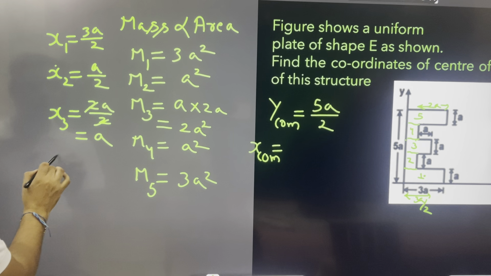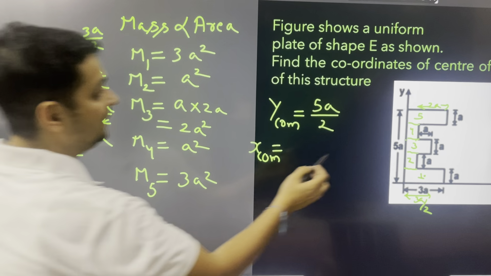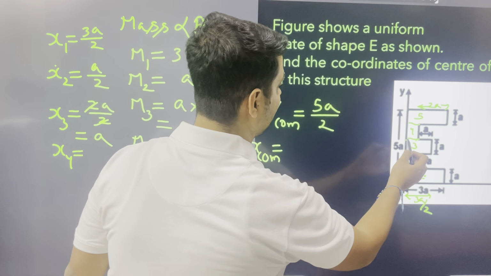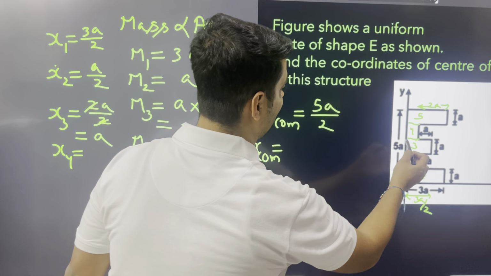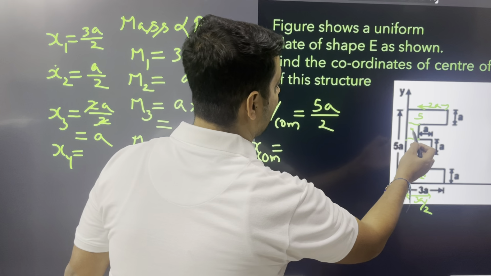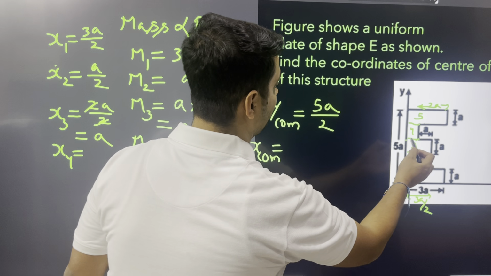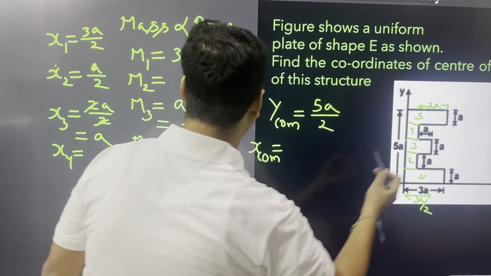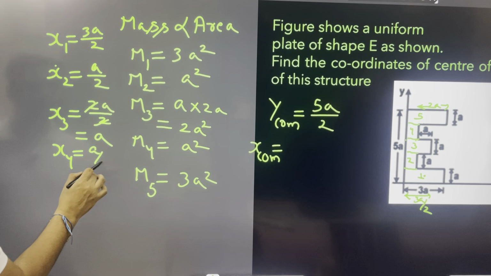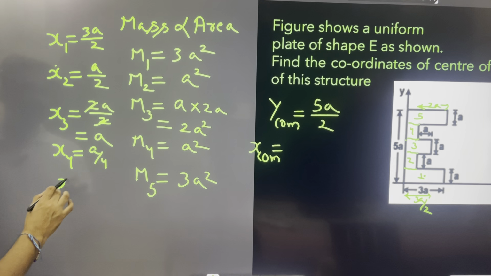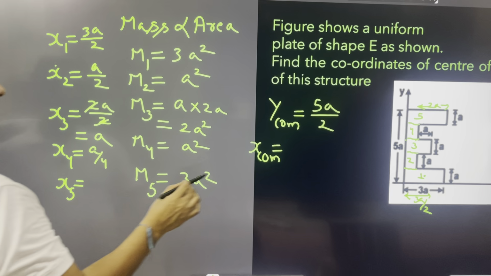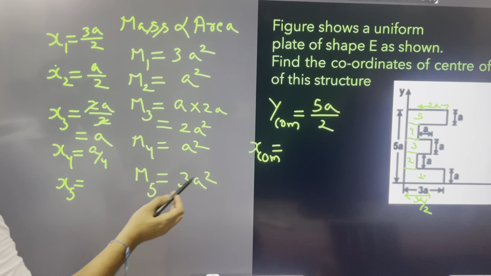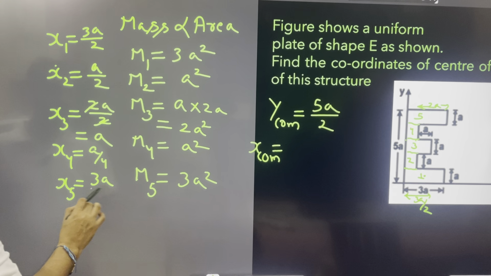Same way x4: along x it is a length, so its center will be at a by 2 from the y axis. So x4 is a by 2. Similarly x5 is 3a by 2.